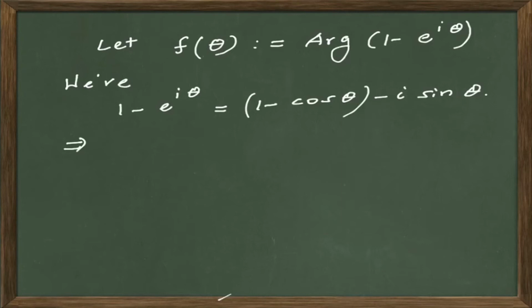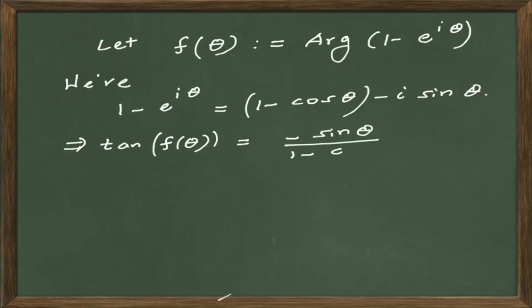This implies that tan of f of theta is equal to minus sin theta divided by 1 minus cos theta, which on simplifying gives the following.